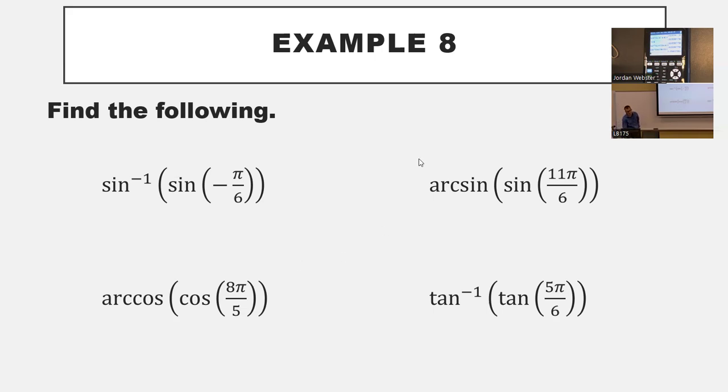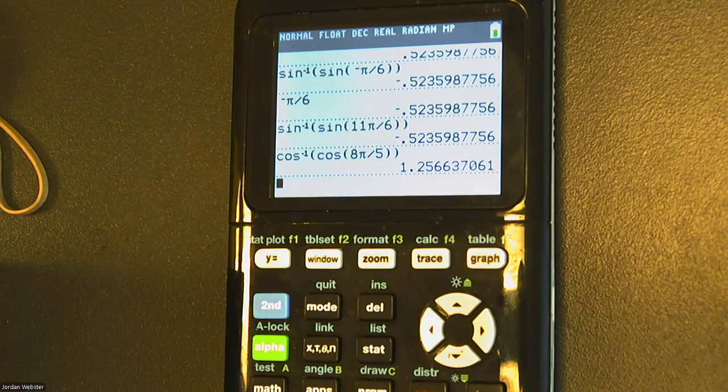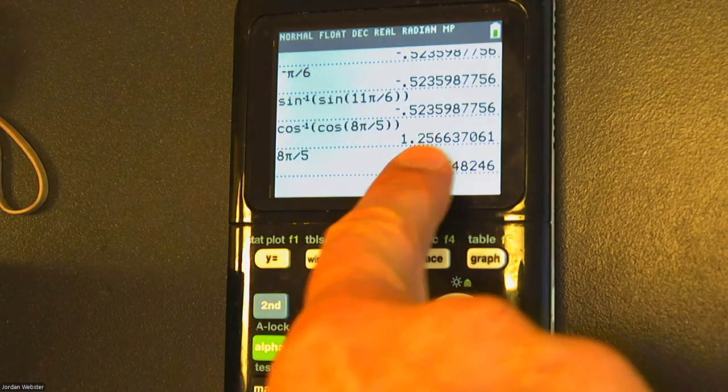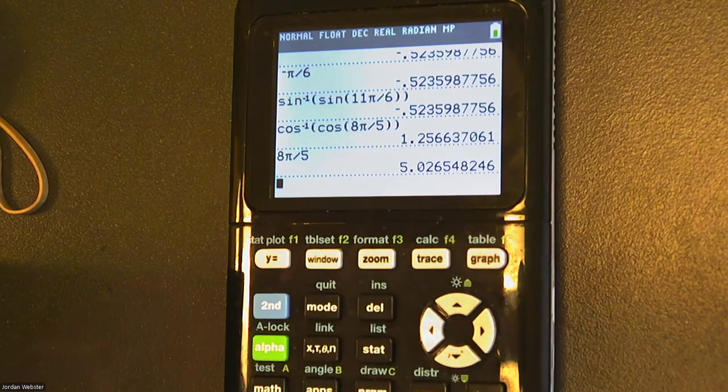That is not 8 pi over 5. That makes sense. 8 pi over 5 would be 5 point something or other. By the way, notice these are not coterminal. The difference between those two values is not 2 pi.